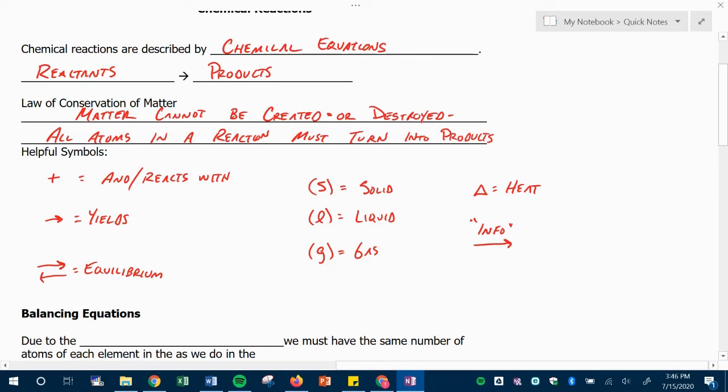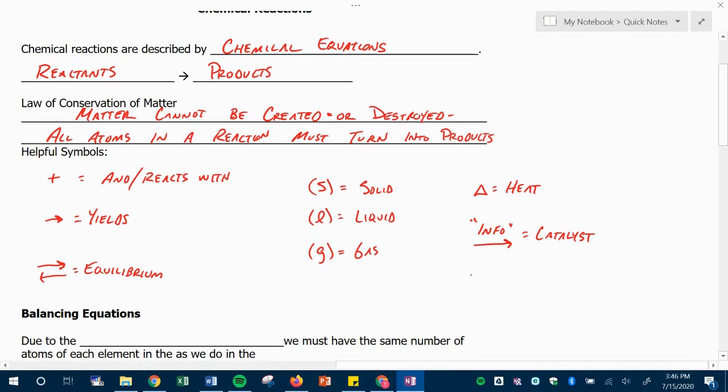Whatever info is there generally means that this is a catalyst. If you haven't heard of catalysts before, the idea behind a catalyst is it's there, but it doesn't actually take part in the reaction. It simply speeds it up.